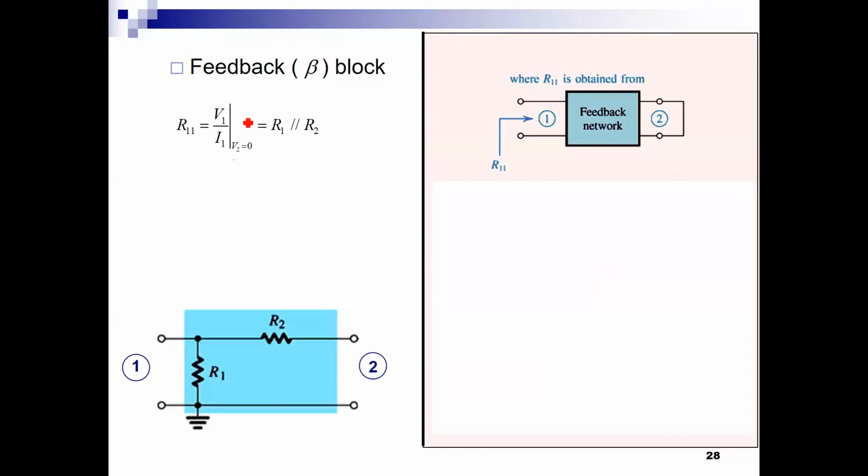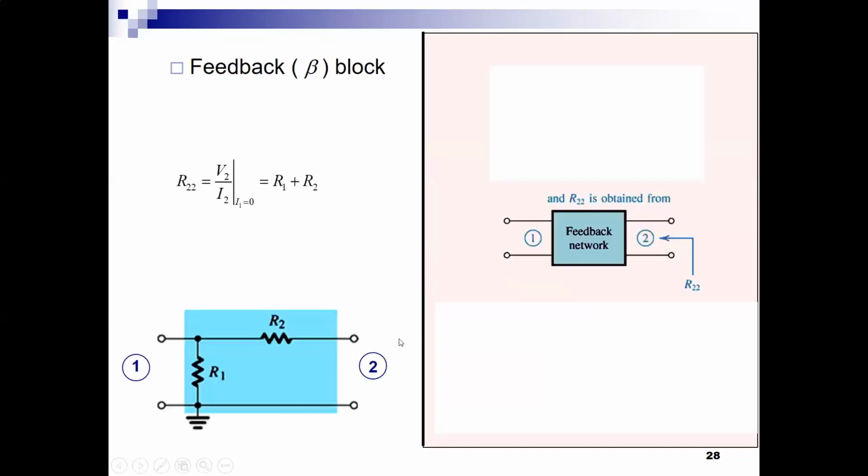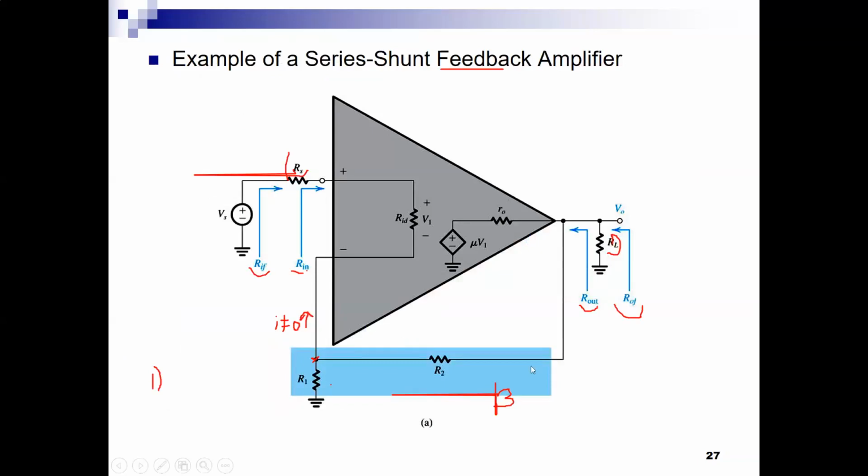So for the beta block, we can see that the side coming from the output, we label it as port number 2, and the side that is sending the feedback, we label it as port number 1.